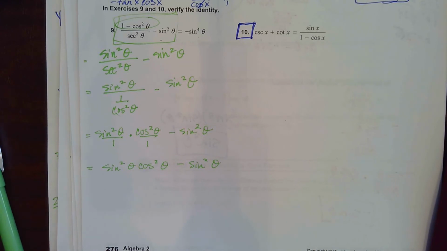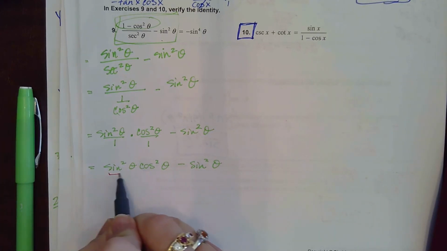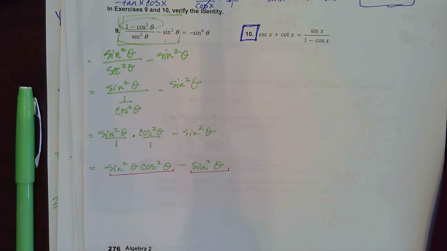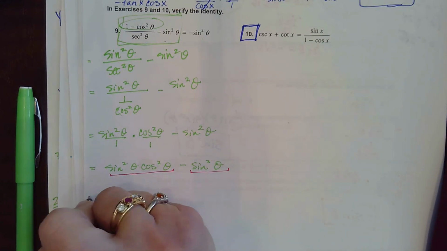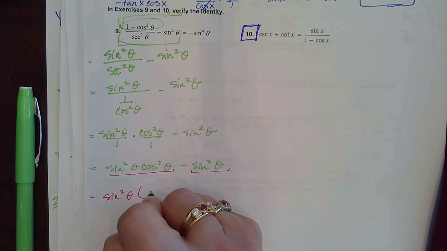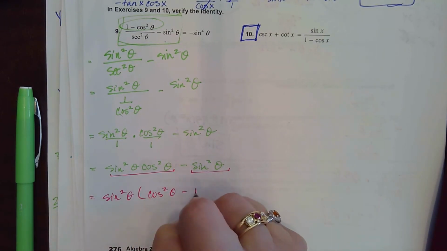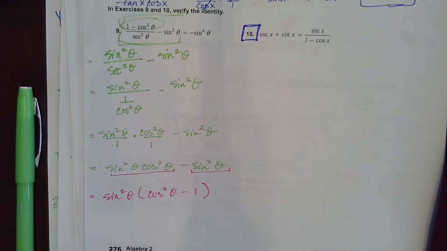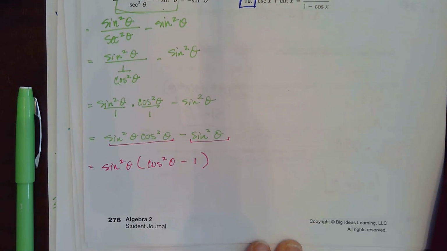This is where this trig stuff goes back to quadratics. This is a binomial. Notice that they both have a sine squared in common. You can factor out a sine squared. So I factored the sine squared out of here.